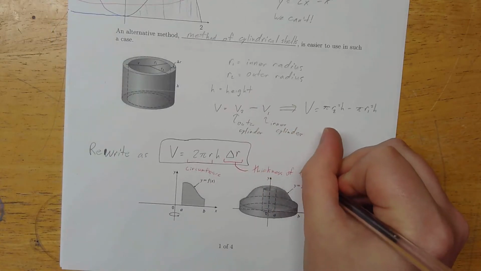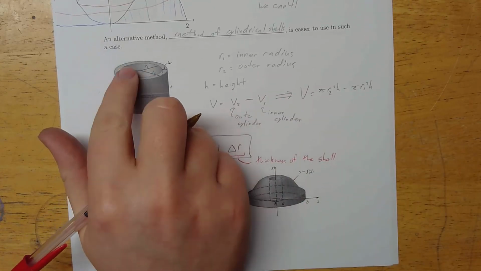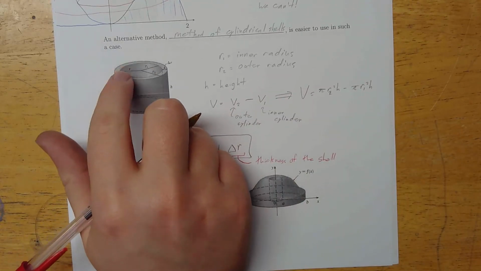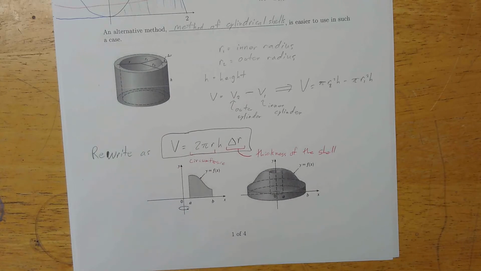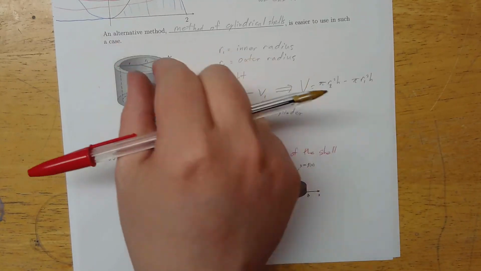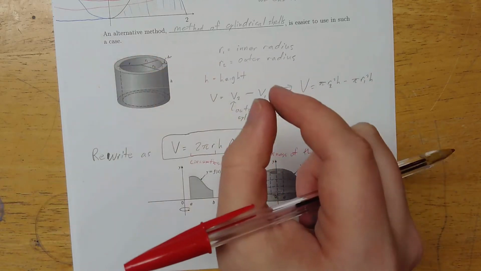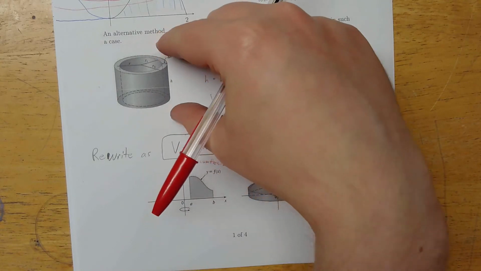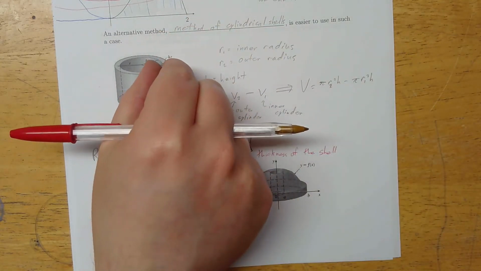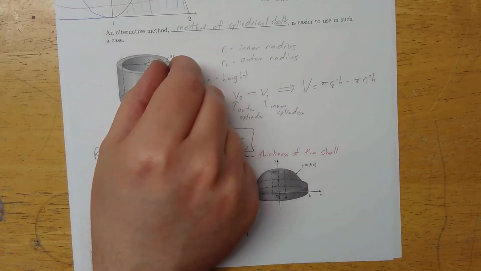So if we looked at one of these circles here, essentially if we went around the outside, there would be some sort of circumference formula that we could find. And then we'd have a certain amount of height for those. And then each shell that we'd look at would be delta r thick.